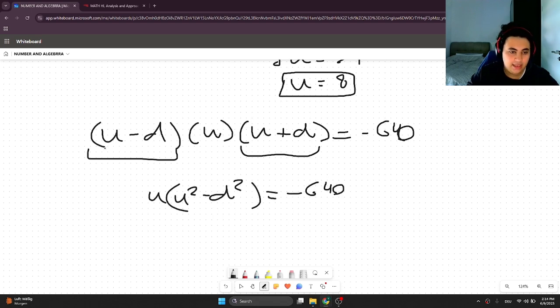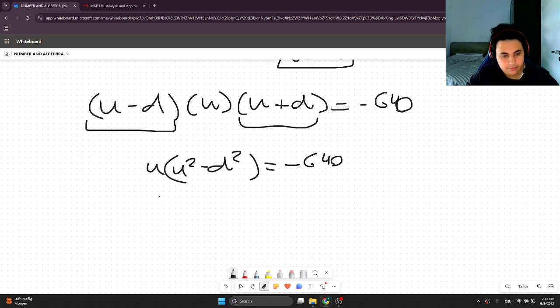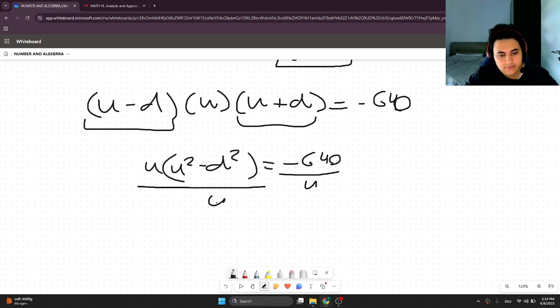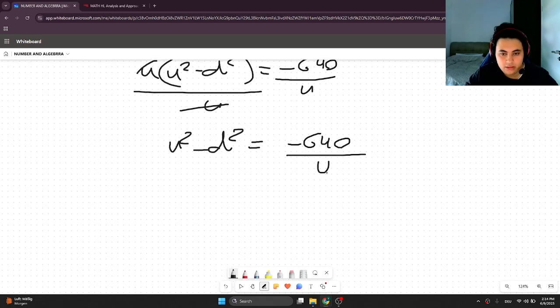This is what we're going to get if we expand these two. Okay, so before we sub in U, we're going to divide both sides by U. These two are going to cancel out. So you have U squared minus D squared is equal to negative 640 divided by U.